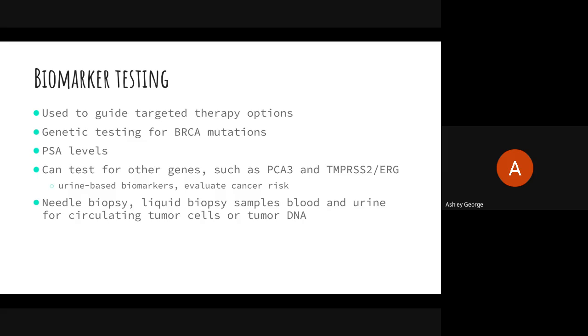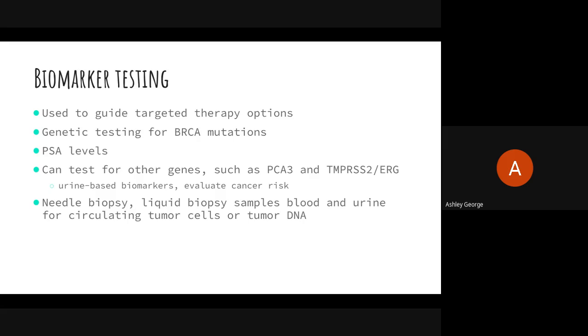So there are a couple biomarkers we can test for. These help to guide the targeted therapy options. As I mentioned, it's possible to use genetic testing for the BRCA mutations, the PSA levels, and the blood test I mentioned before is another way that we can test that. We can also test for changes in other genes, such as PCA3 and TMPRSS2/ERG. These are urine-based biomarkers. So PCA3 is a non-coding RNA.